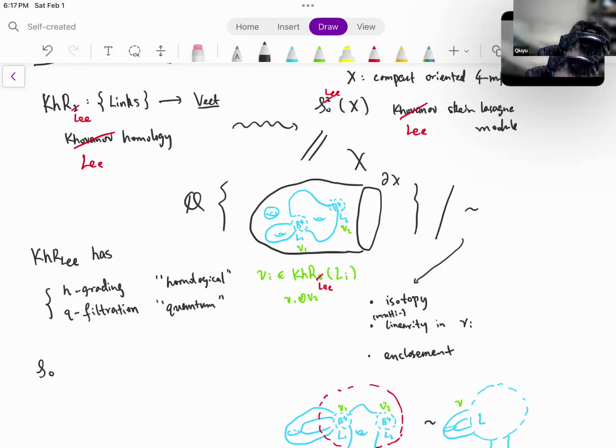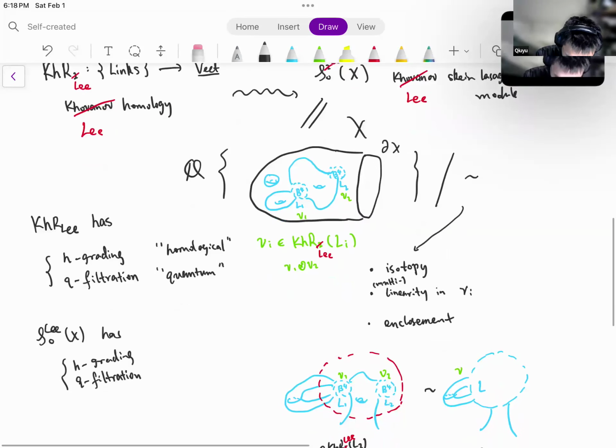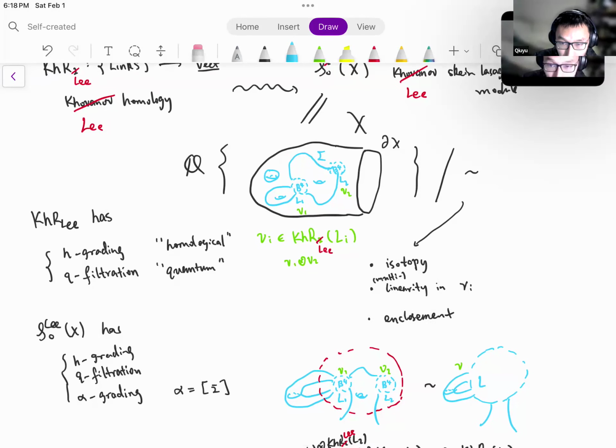So in parallel, the Lie skein lasagna module of a four-manifold again has the H grading and the Q filtration, but it gets one more piece of grading data, which I'll call an alpha grading, where alpha is nothing but the homology class of my skein inside this picture, used to define an element in the skein lasagna module.